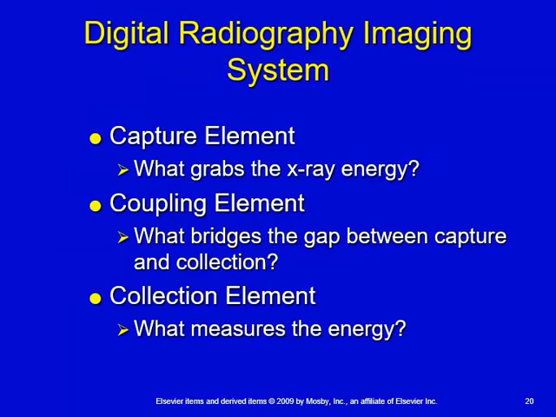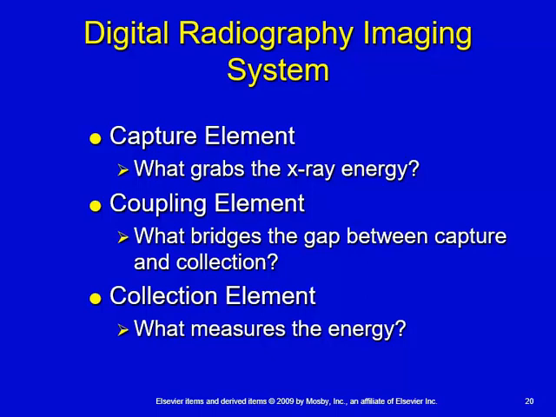So what we have are three different elements. We've got capture element, coupling element, collection element with the amorphous selenium. That all happens at the same time, but with the indirect capture DR, we've got each one of those working simultaneously, but each is its own step. So the capture element is what grabs the X-ray energy.